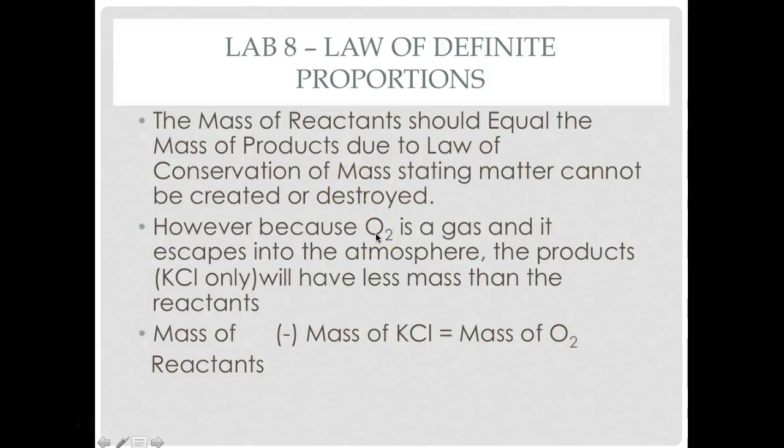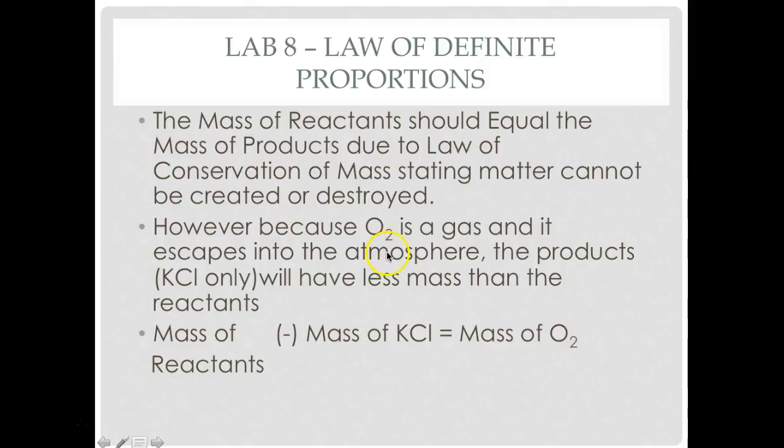Now oxygen is a gas, so it can escape into the atmosphere unless the reaction vessel is a closed system. Then you can trap the oxygen in that reaction vessel. In this case, an open system would allow that oxygen to escape.